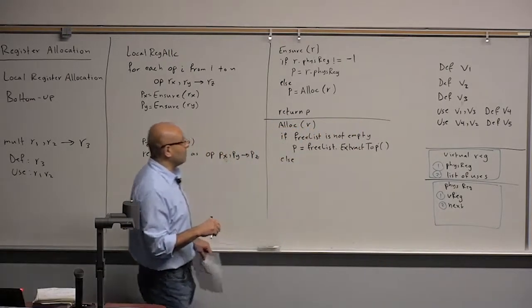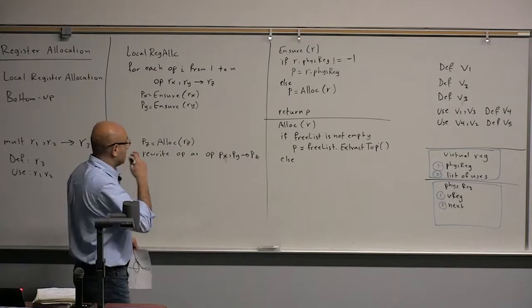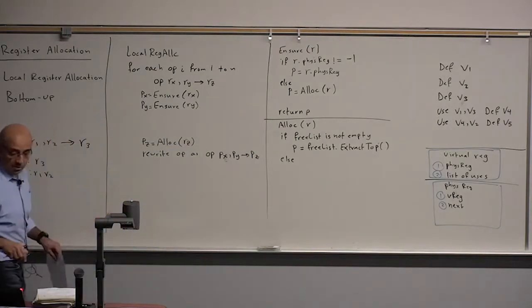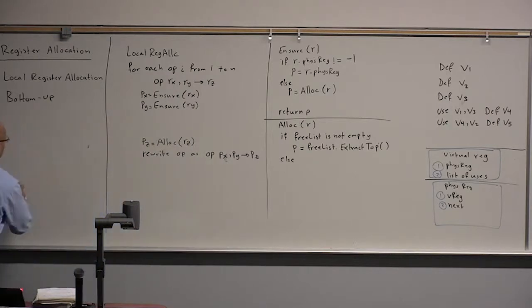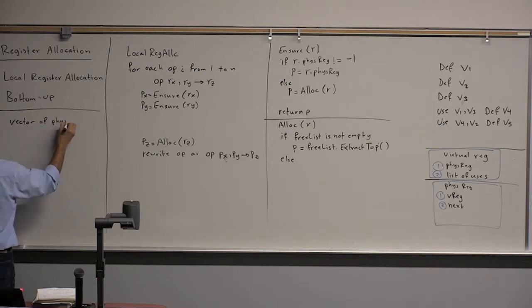We'll assume that we have a vector of physical registers called phys regs.